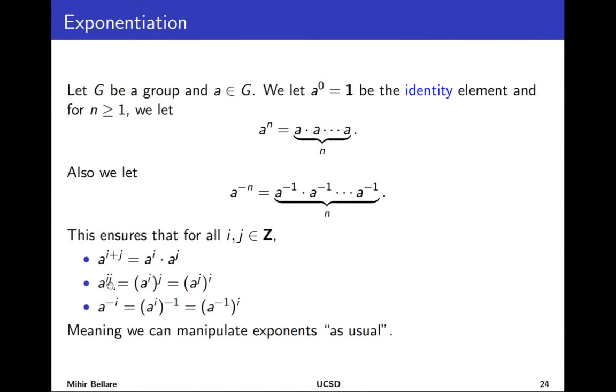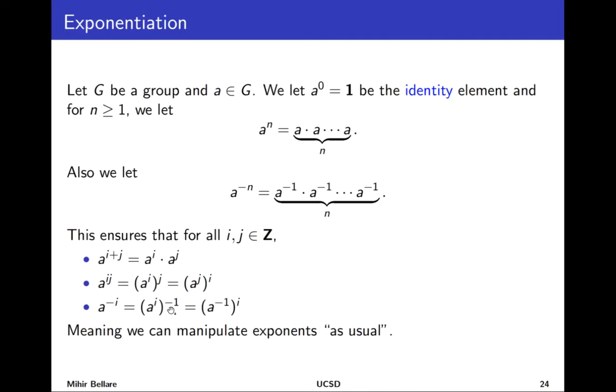Similarly, raising A to the power of the product is the same as taking A to the power i, getting a group element out and raising that group element to the j, or raising A to the power j, getting a possibly different group element out and raising that to the power i. A to the negative i, defined like this, is also A to the power i, inverse.